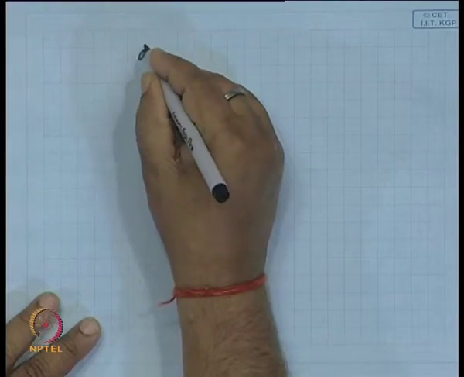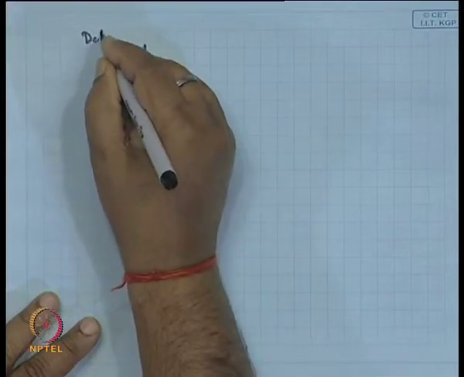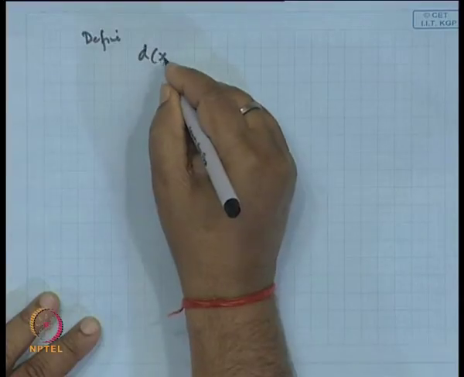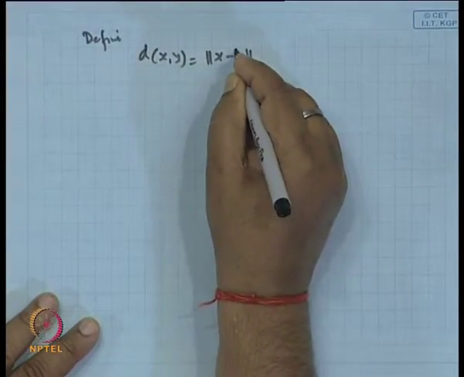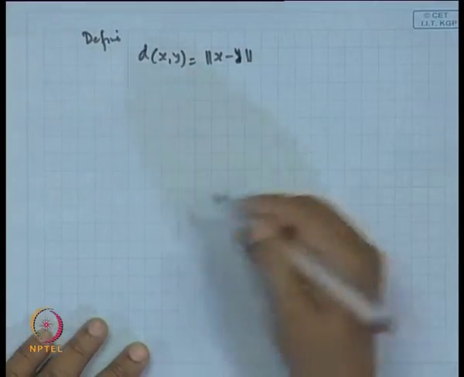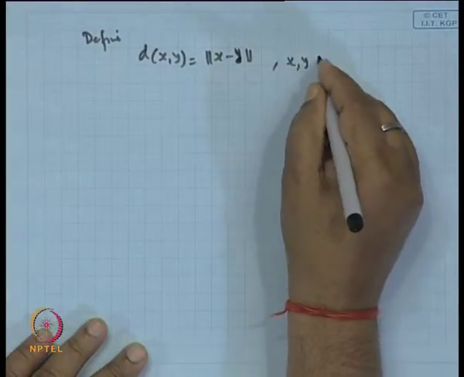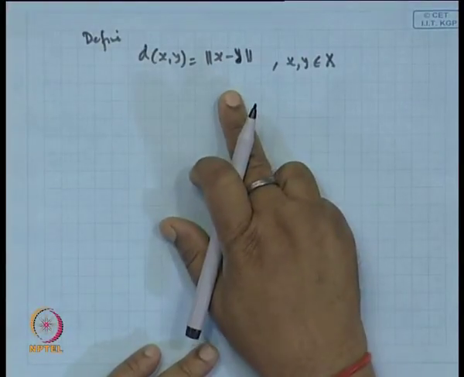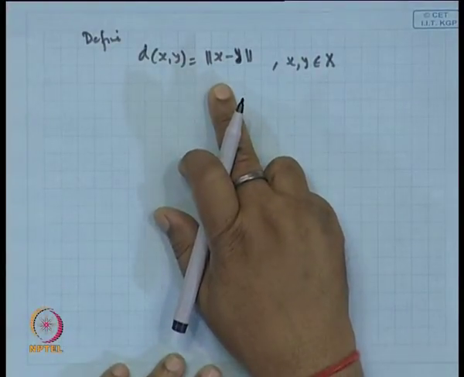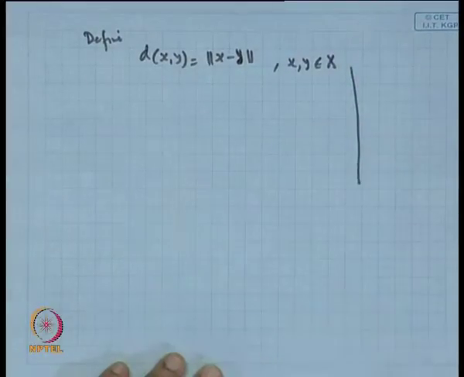Another thing which we can observe here is that if we introduce d of x y as the norm of x minus y, where x and y are any arbitrary elements of X, then you will see all the properties of the metric are satisfied.